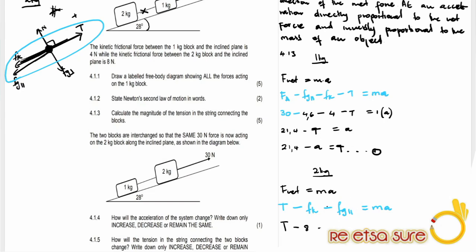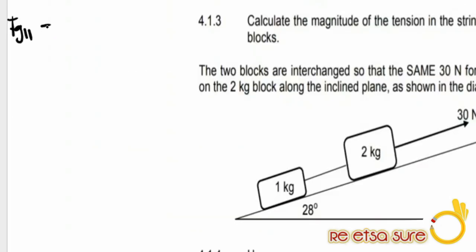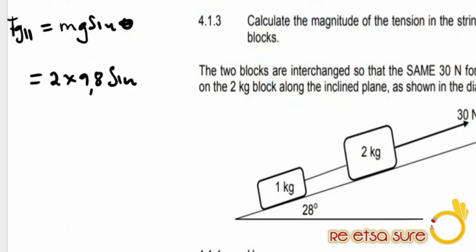One thing that I know is that F_g parallel is equal to mg sin θ. What is our mass? Our mass is 2 multiplied by 9,8 sin, our angle that is given is 28.